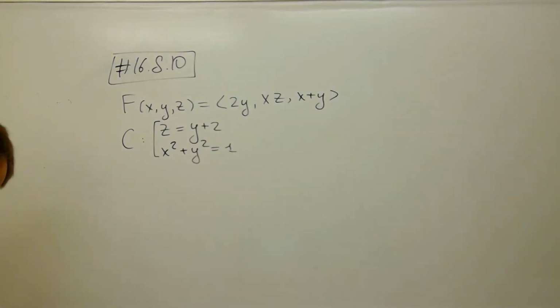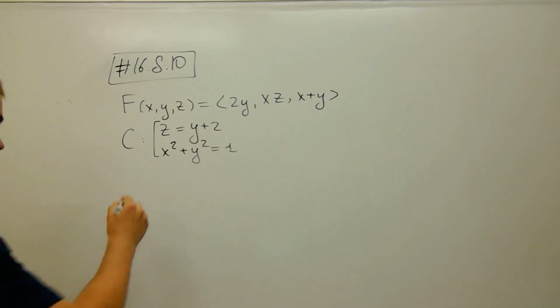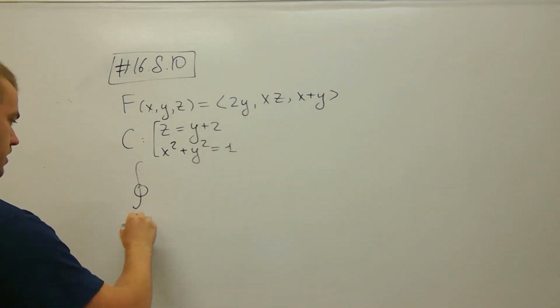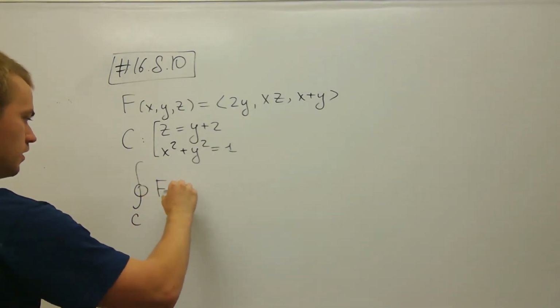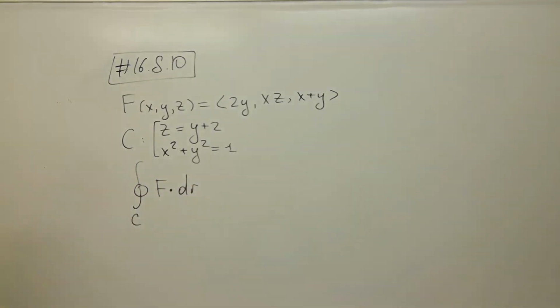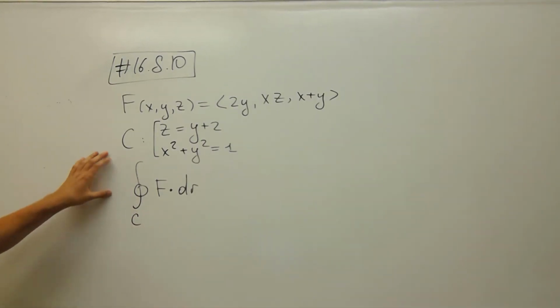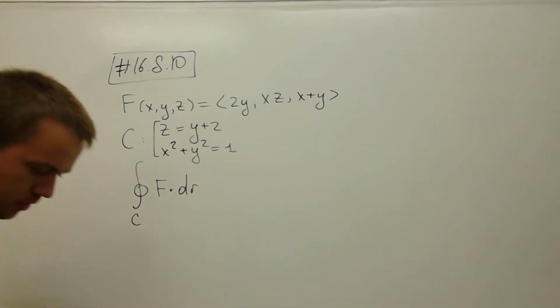And what I want to do is relate the line integral over C of F dot dr. I will give you about 30 seconds to think about this problem and set it up.